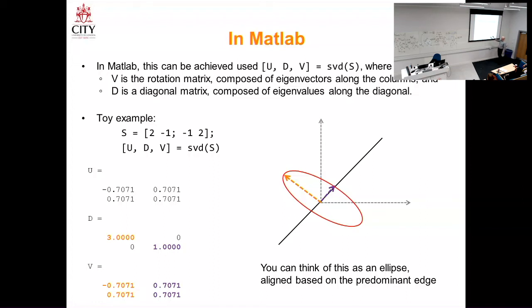And then I can scale that vector based on the eigenvalue. So this vector has a length 3. And then in the orthogonal direction, I've got a vector that has a length 1. And if I draw an ellipse around those vectors, then this is a convenient way to think about the eigenspace comprised of the eigenvectors and the eigenvalues.